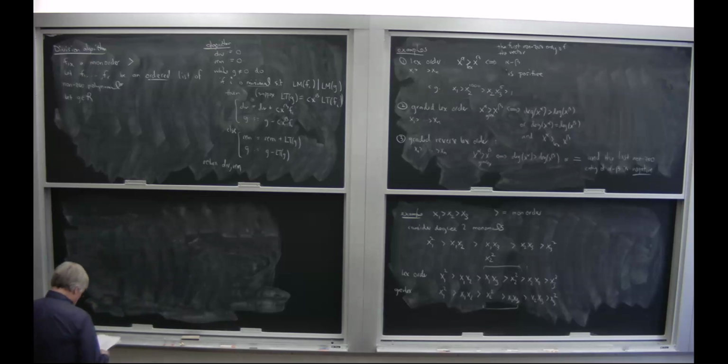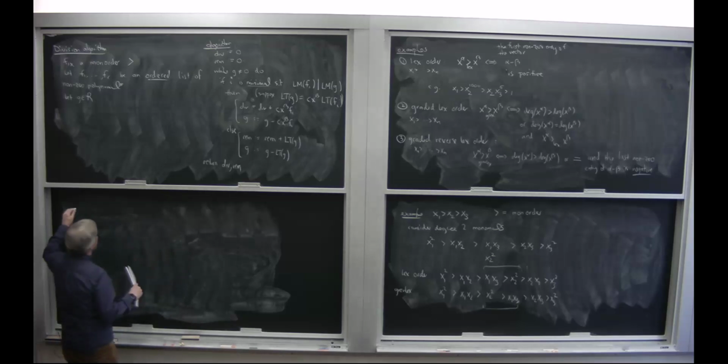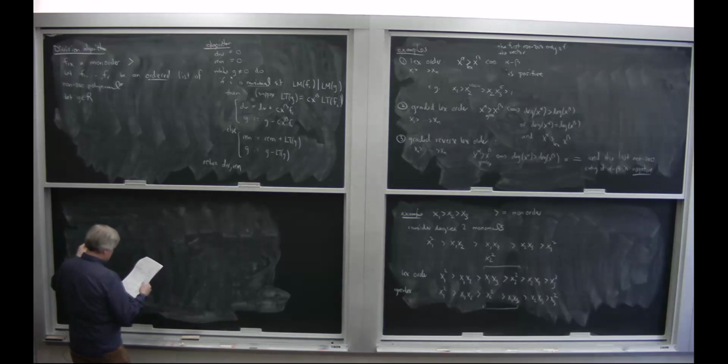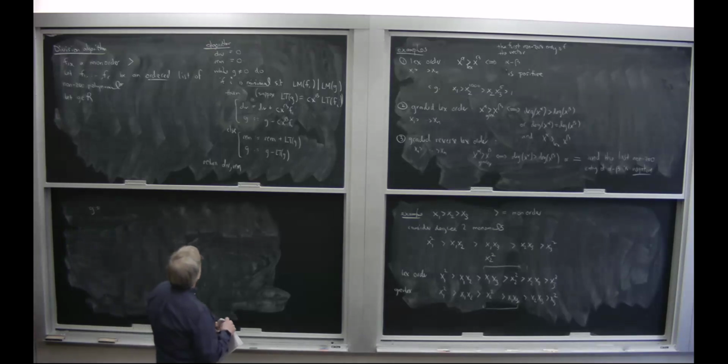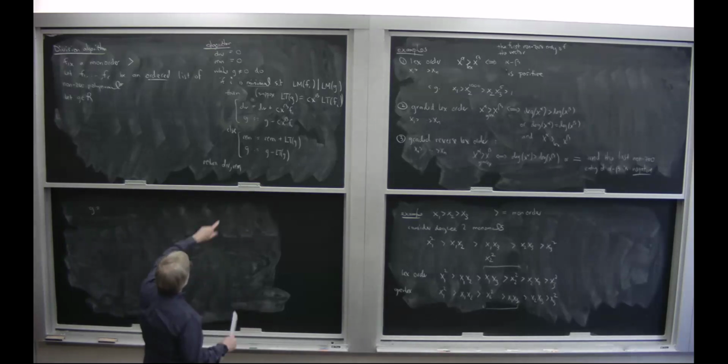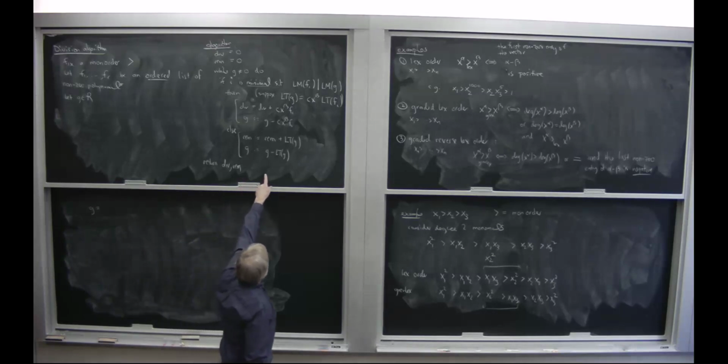Okay, so then what we get here is that therefore G, if I look at it each time, for my divisor thing, I'm always adding something times one of the Fi's.